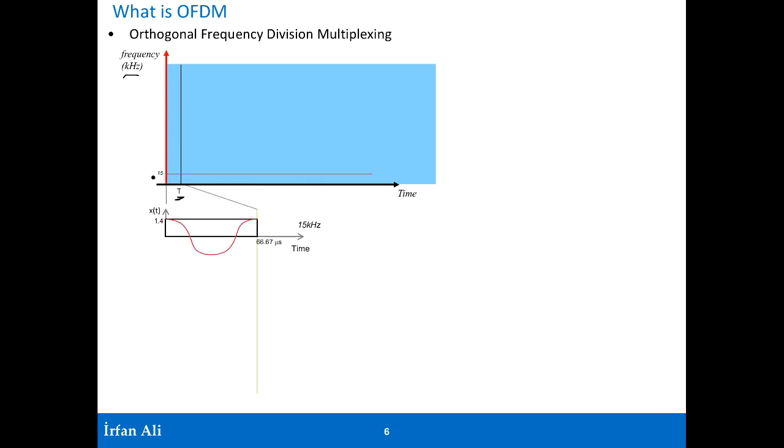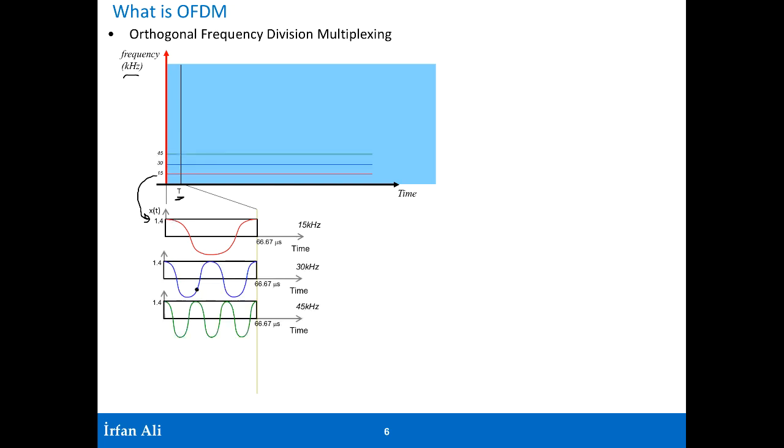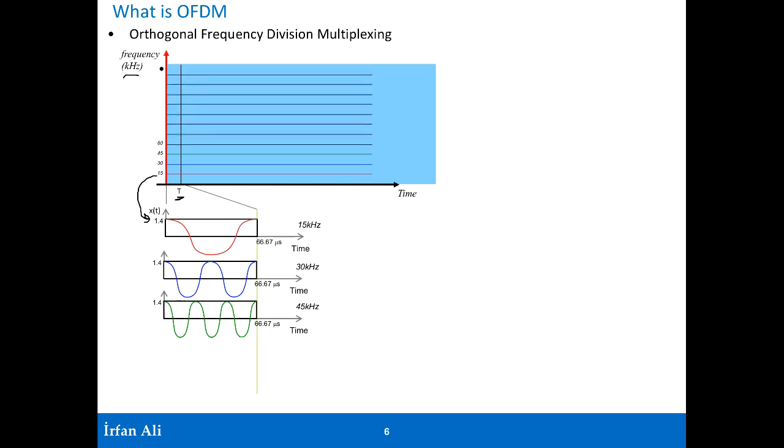And as we said, this 15 kilohertz signal, when shown in the time frequency domain as a single line, in the time domain is essentially one cycle of this cosine curve. If you have 30 kilohertz, you have 2 cycles of the cosine. 45, you've got 3 of them, and so on till you get to 180.